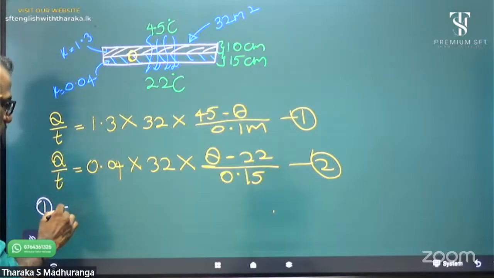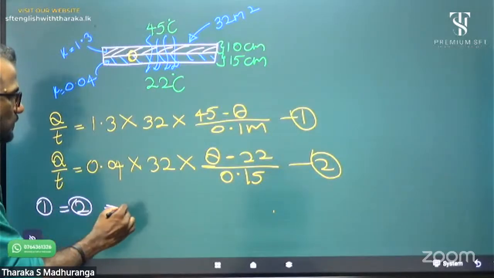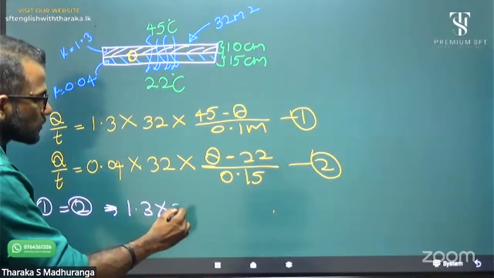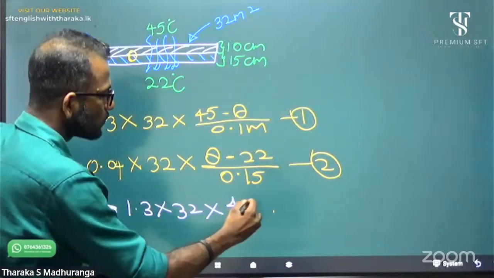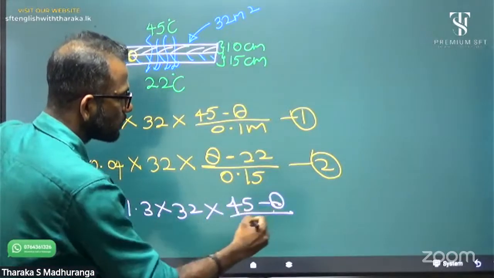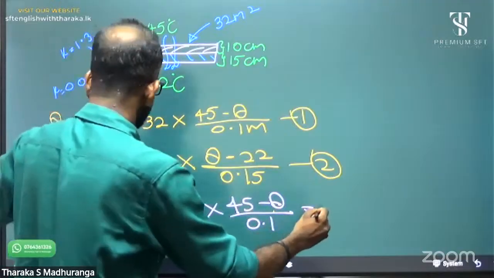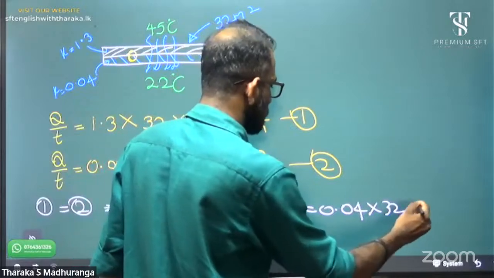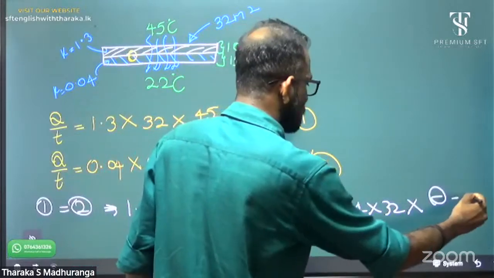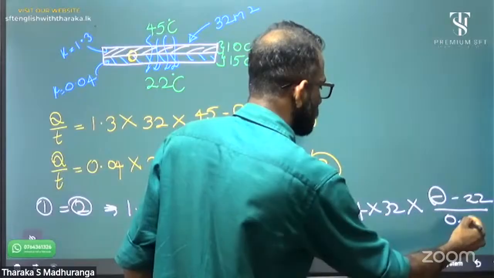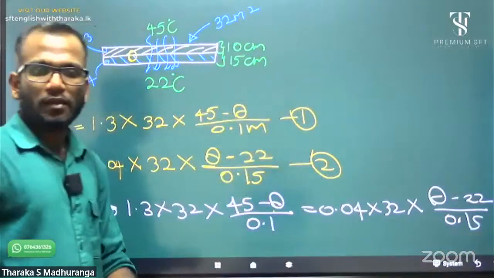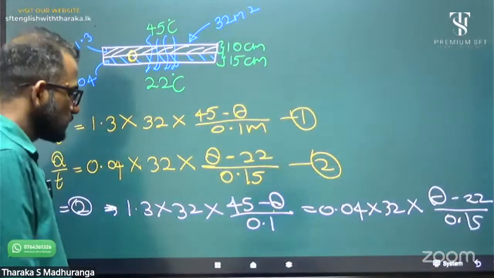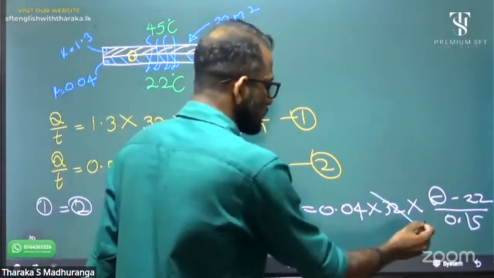Therefore, the first equation equals the second equation: 1.3 into 32 into (45 minus theta) divided by 0.1 equals 0.04 into 32 into (theta minus 22) divided by 0.15. Now 32 and 32 cancel.